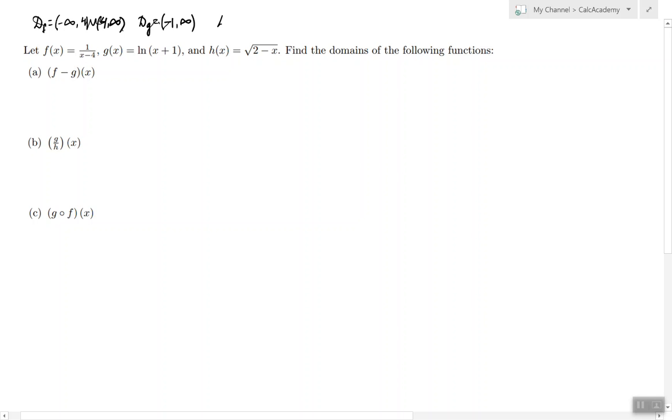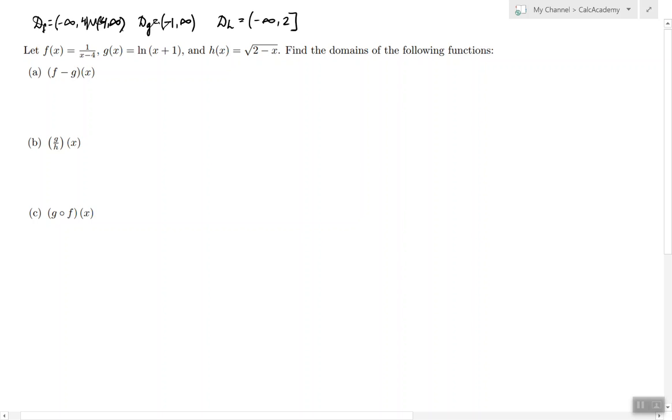And the domain of h is all the x values which make 2 minus x greater or equal to 0. So that means x is between -infinity and 2, including 2. So this is how we find the domains of simple functions, just by considering their constraints.